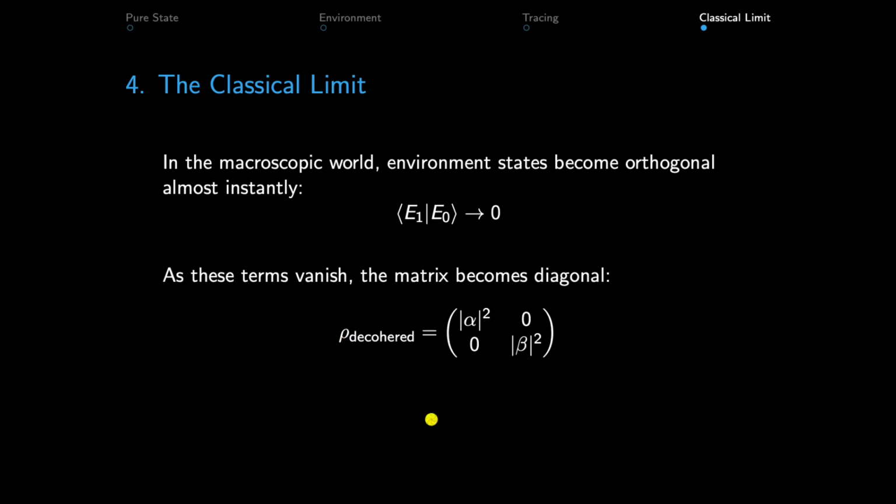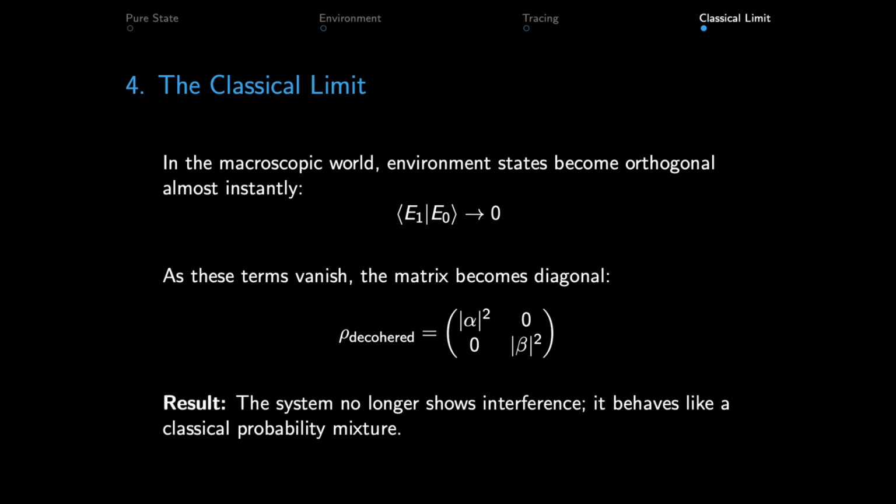and this is the representation of the decohered state in the density matrix formalism. The modulus alpha squared and modulus beta squared essentially are the diagonal terms, and these diagonal terms represent a kind of state where there is 0 on the off diagonal elements. The result you end up getting is that the system no longer shows any kind of interference effects.